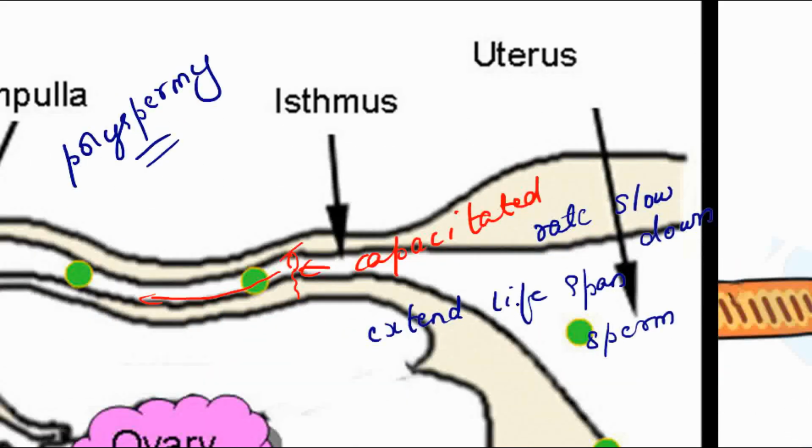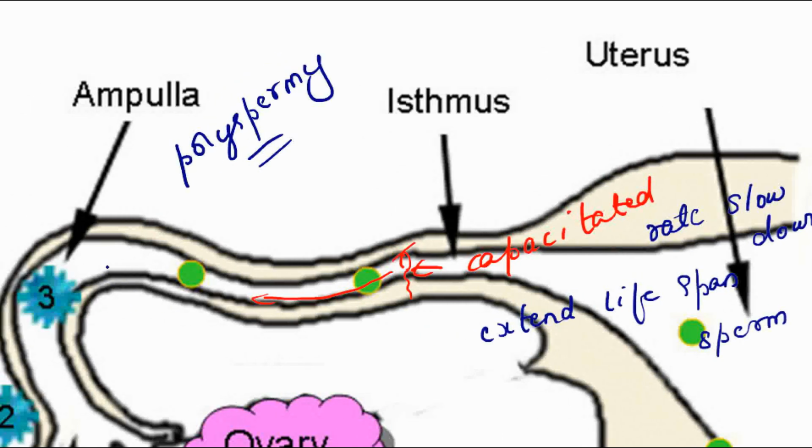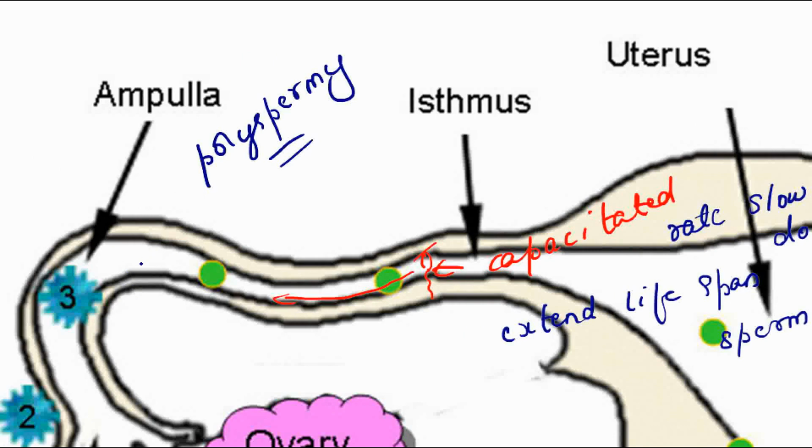What is the significance of these two effects? The effect is that, in that way, a sperm gets maximum probability to meet with an egg when it is ovulated and reaches the ampulla. So those are some other points we need to understand along with the capacitation process.